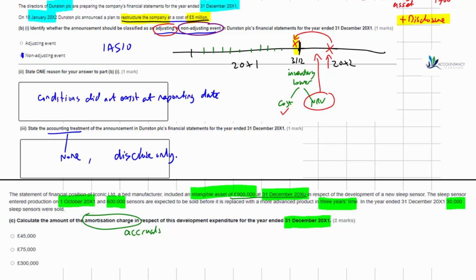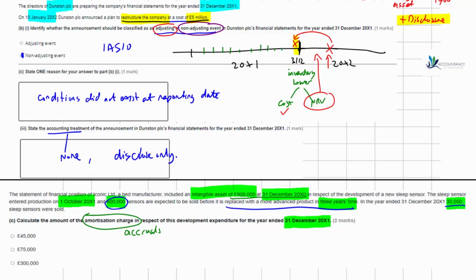So there are a couple of ways that we could do this. It tells us that we expect to replace this in 3 years' time. So one way of amortizing the intangible asset would be over 3 years. But they've also given us some other information that they expect to make 600,000 sensors over the lifetime of this asset, and so far they've made 30,000.